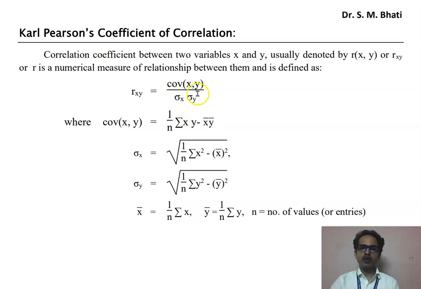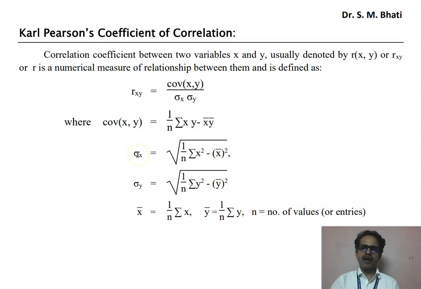As I said just now, Cov(x, y) stands for covariance between x and y, and it has the value 1 upon n summation of x into y minus x bar into y bar. Here x bar and y bar are the arithmetic means of x and y respectively.